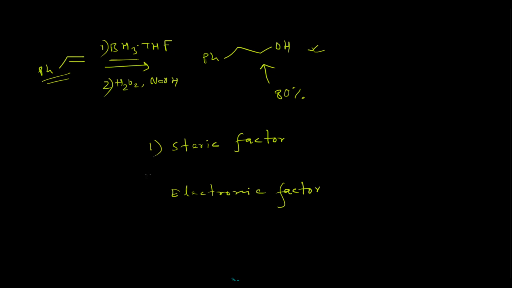We have two factors. One is the steric factor, another is the electronic factor. The electronic factor will be the same regardless of the hydroborating agent, because it comes from the substrate molecule. But we can control the steric factor if we replace one or two of these hydrogen atoms of boron and thereby make it a very bulky boron compound.